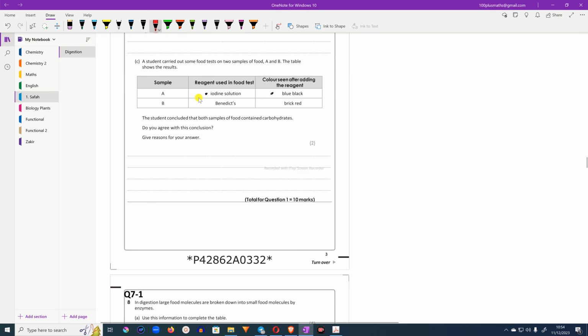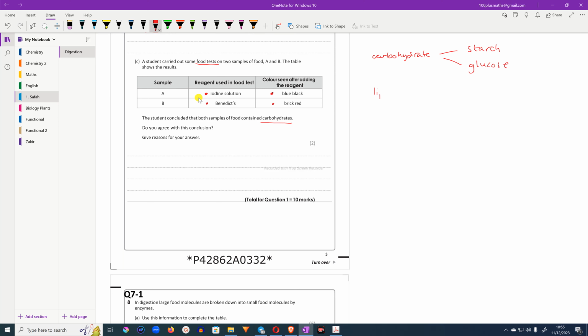Right, you've got two food tests here. One's with iodine. If you add iodine, it turns black blue, and if you add Benedict's solution, it turns brick red. Right, concluded that they're both carbs. Okay, so remember we said carbs, carbohydrate. Right, you've got starch, and you've got glucose.